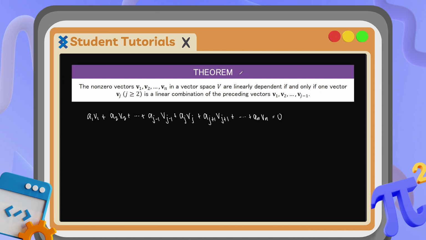So what this theorem is saying is that if this vector is a linear combination of the other vectors, then that would mean that it is linearly dependent.